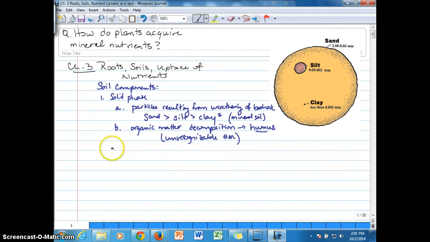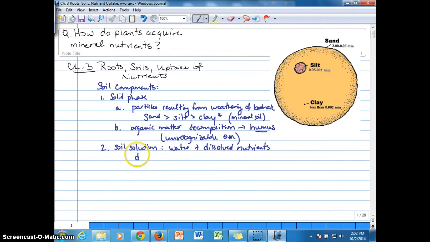The second large component of the soil is the liquid phase, or what we call the soil solution. And the soil solution consists of water plus dissolved nutrients, and those nutrients can be different kinds of ions, organic acids, whatever can be dissolved in the soil, sugars even.